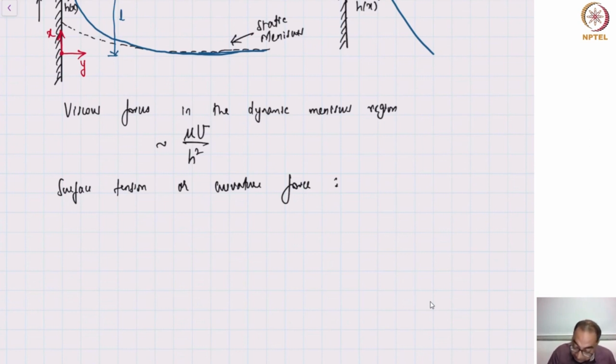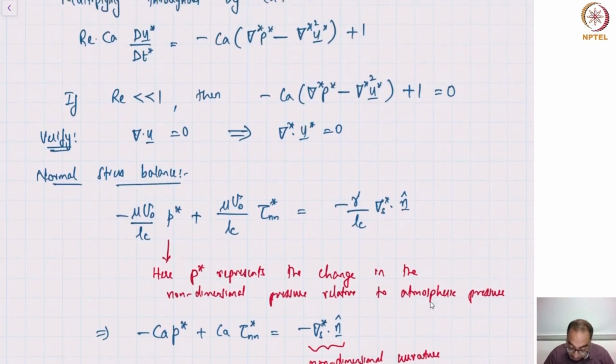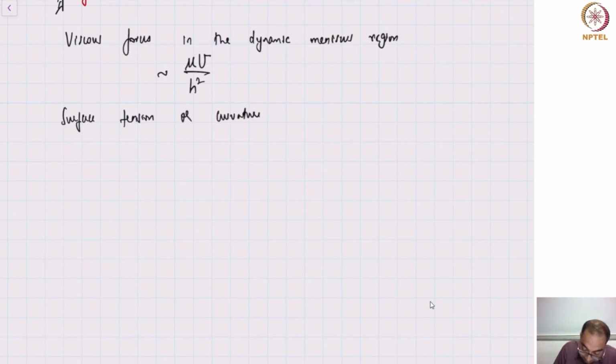You have pressure gradient, so the viscous forces, and now we want to determine the surface tension curvature force.